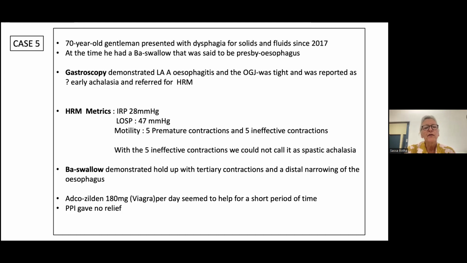And if you've performed the Heller myotomy or pneumatic dilatation, it's a very nice way to assess follow-up and whether your treatment was successful, because you would want the Eckert score to be below 3. Otherwise, they will become symptomatic again.